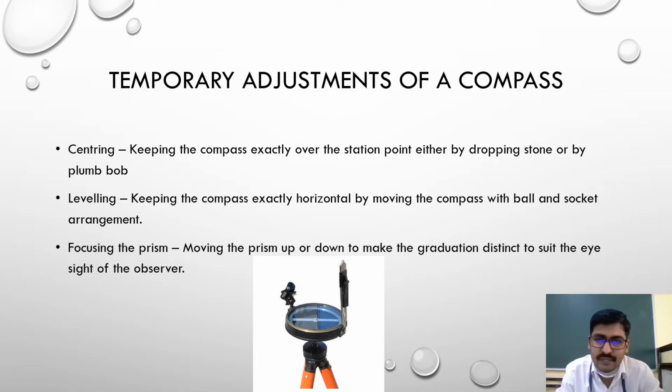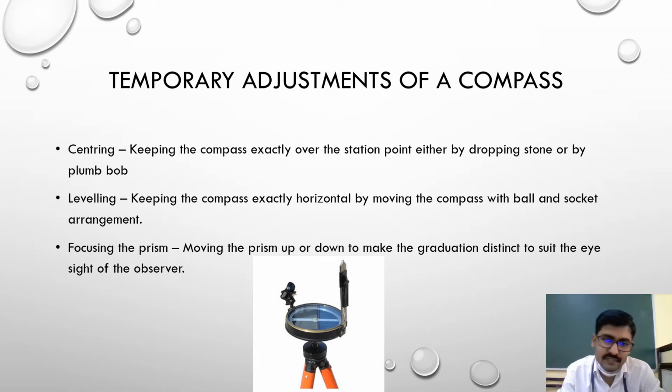That is done by rotating the compass, so that when you level it, you should not have any movement of the needle. And finally, focusing the prism, that is moving the prism up or down to get the graduations clear and distinct. So try to remember these temporary adjustments of a compass.